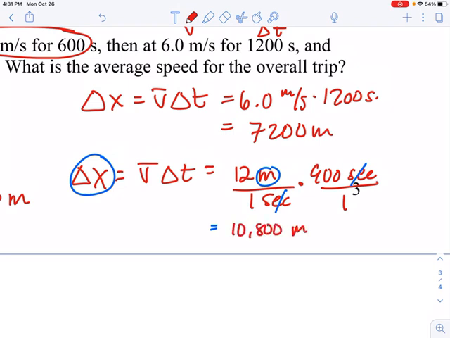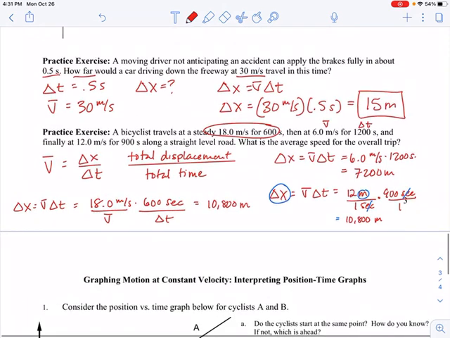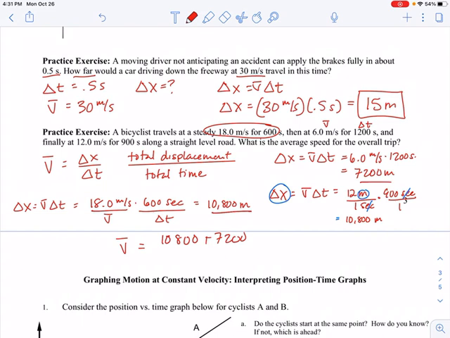10,800 meters. Okay, so now to get average velocity for the whole trip, I'm going to take all of the distance. That's 10,800, the first one, plus 7,200, the second one, plus 10,800, the third one. And now I'm going to divide by the total time. That's 600 plus 1,200 plus 900.